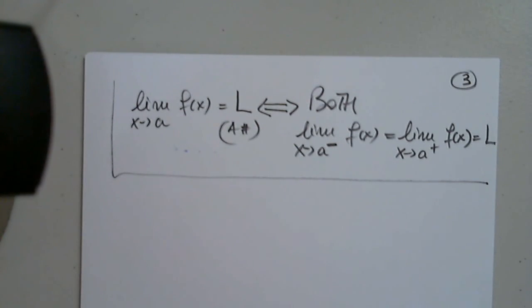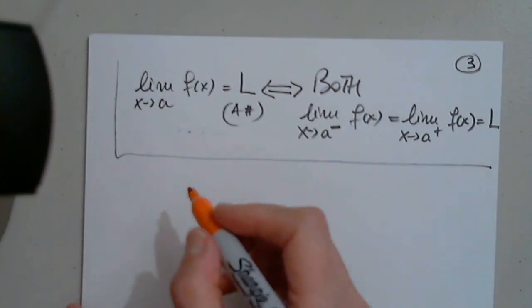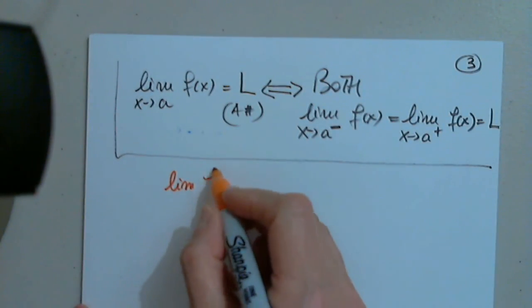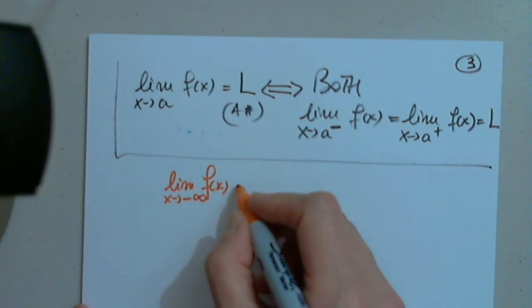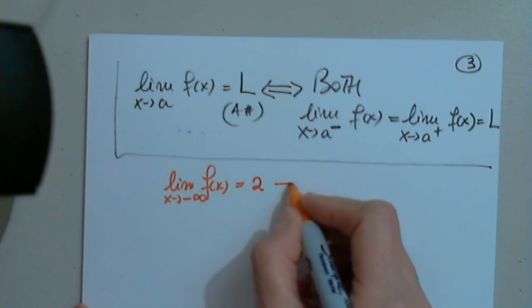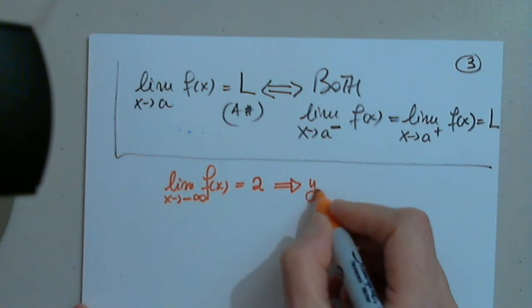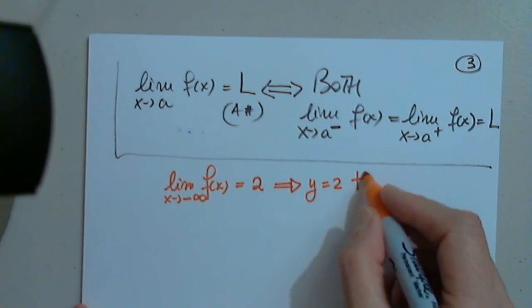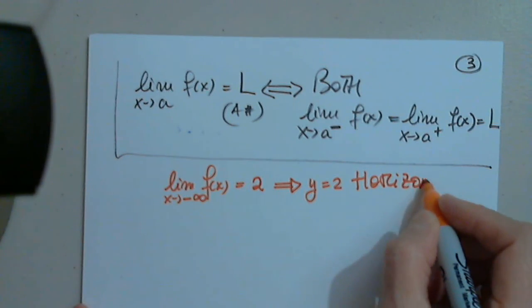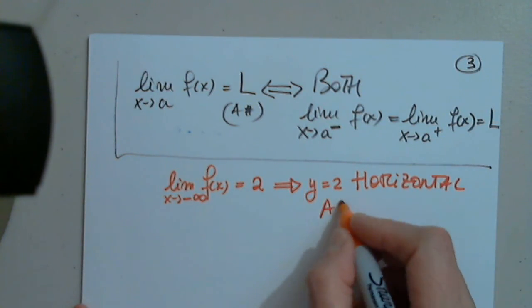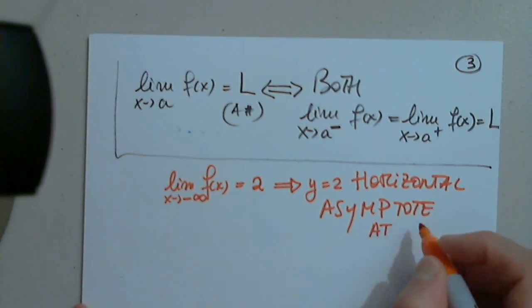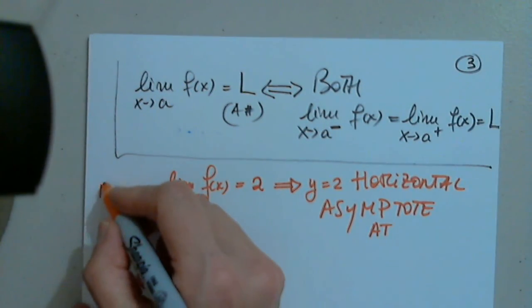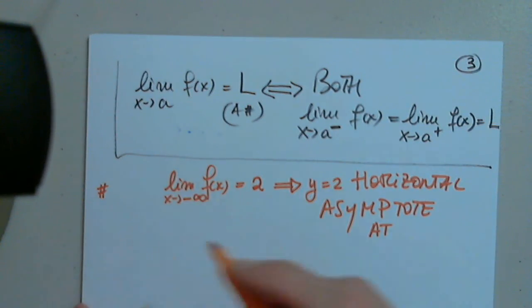I want to write this down for you. I'm going to stop sharing for a second. So we are going to write that limit of f of x as x approaches negative infinity was 2, which automatically means y equals 2 is a horizontal asymptote at, in this particular graph, this was problem, can anyone tell me what problem it was?